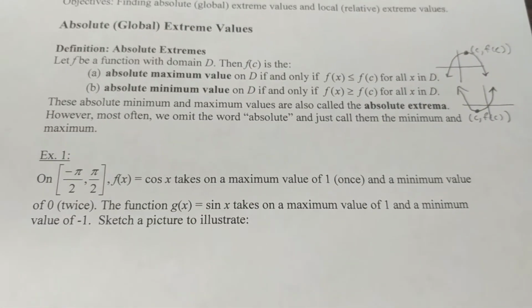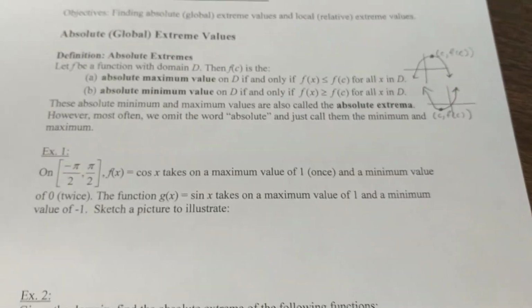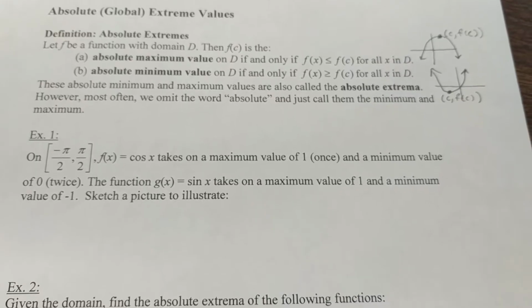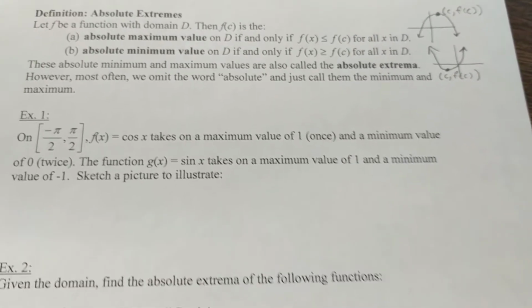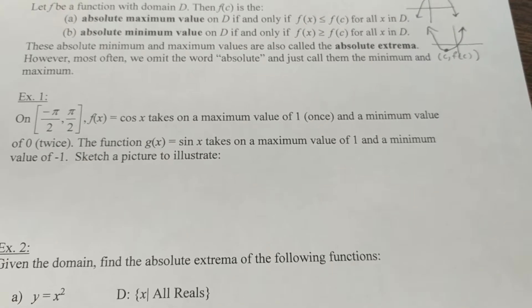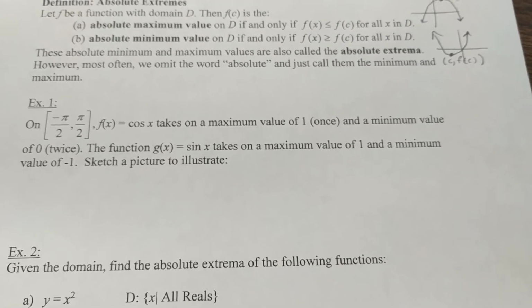So in example 1, it's not really a question, just more of an illustration. It says on the interval from negative pi halves to pi halves, f of x equals cosine of x takes on the maximum value of 1 once and a minimum value of 0 twice.